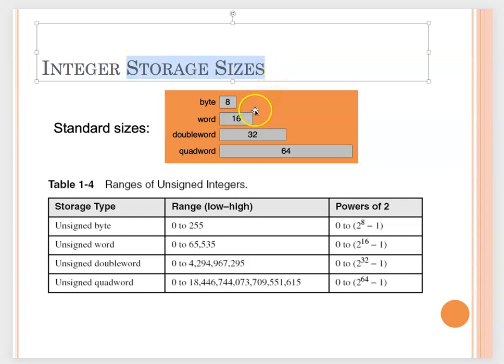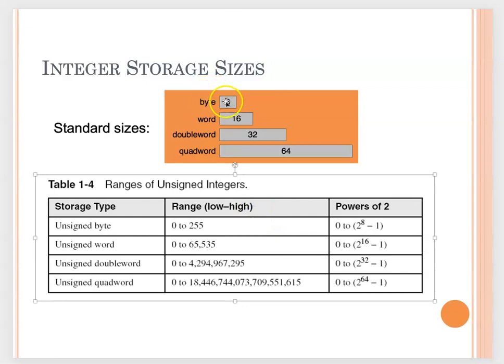In assembly language, we use different units to represent how many bytes we have. If you only have 1 byte, we call it a byte, that's 8 bits. 2 bytes we call a word, 4 bytes we call a double word, and 8 bytes we call a quad word.